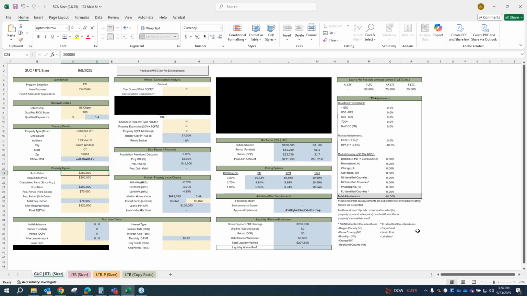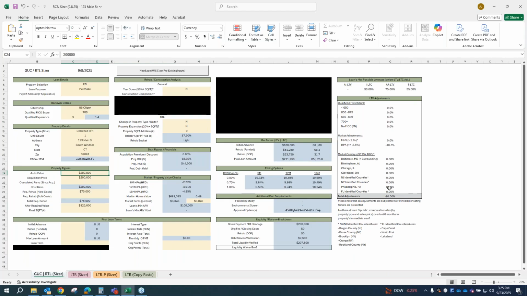That is something where we need to kind of revisit the entire sizer and understand that something in Lakeland, Northport, Cape Coral, and those other areas listed below need a minimum ARV of 175,000, where in any other area, you're going to be at a minimum ARV of 115,000. But once those are identified, they will actually come up here. And you'll see an additional 10% reduction.